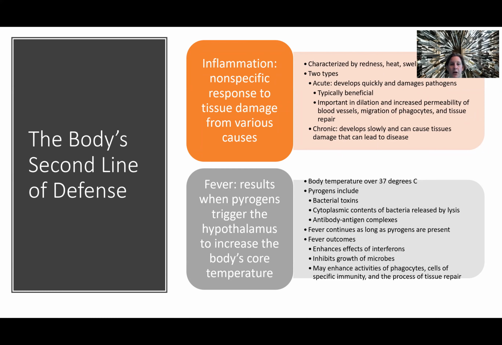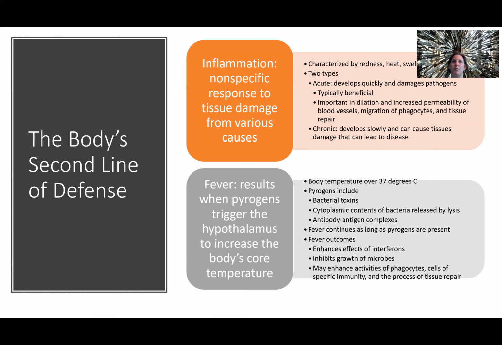Fever is happening because there have been pyrogens released a lot of times by our cells, but they can also be released by the bacteria. One thing that's really interesting is that fever is a protective mechanism because a lot of bacteria, maybe not those that grow in the soil, like to grow at 37 degrees Celsius.